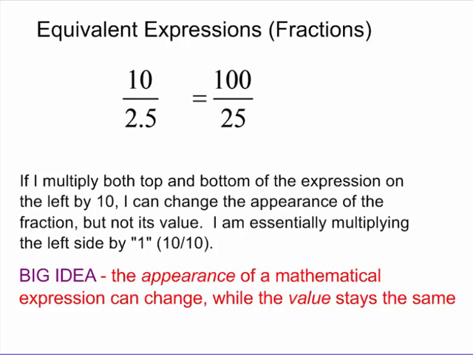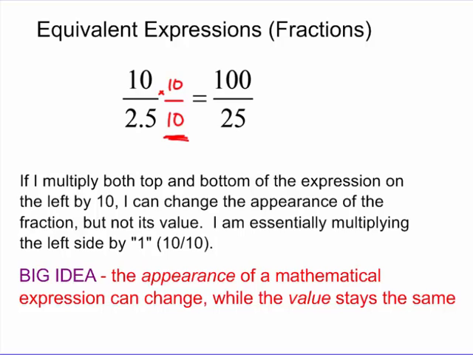But before we can do that, we have to take a little look at equivalent expressions or equivalent fractions. So 10 divided by 2.5 is equal to 100 divided by 25. So what we want to look at here is if I multiplied both the top and bottom by 10, 10 times 10 across the top would give me 100. 2.5 times 10 would give me 25.